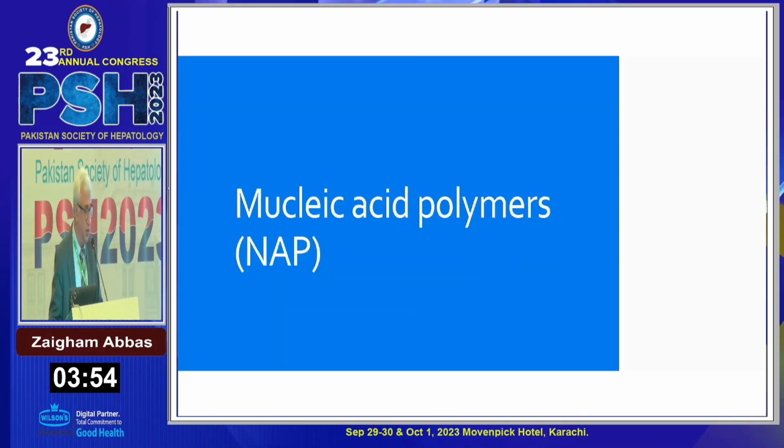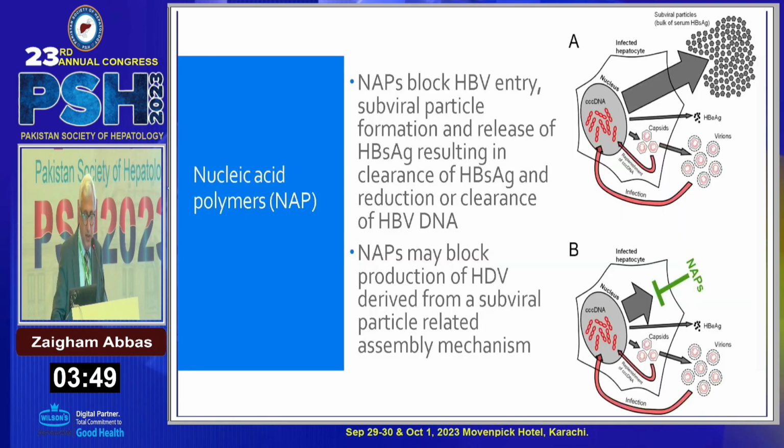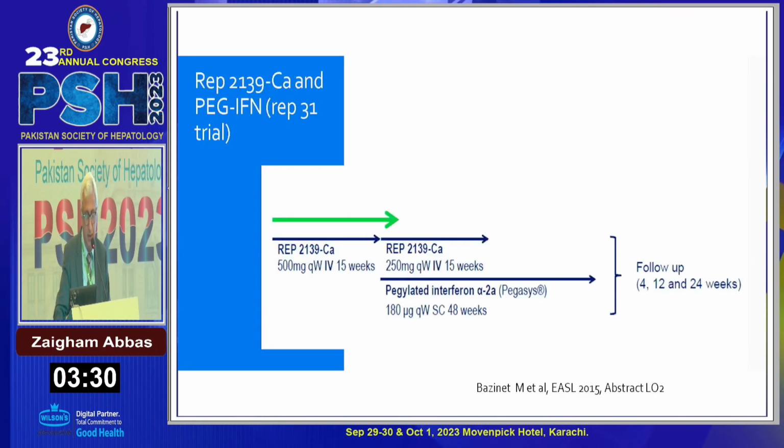Coming to the nucleic acid polymers, these are the drugs that block the HBV entry, and they also block the assembly of the delta hepatitis particles. And in the initial slides I mentioned that they prevent the surface antigen from covering the delta virus particles.